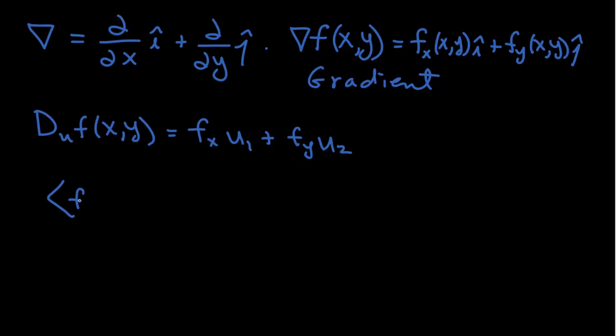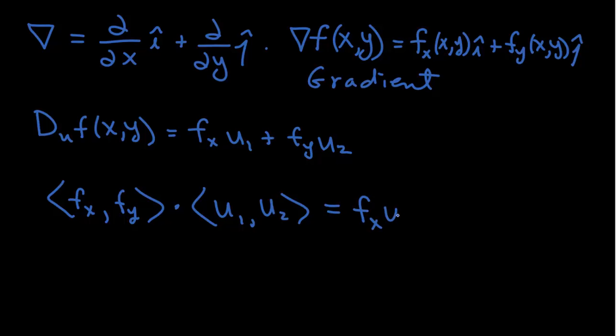Let's suppose I take the gradient, okay, so does everybody agree that's the gradient? And what if I dot product that with this vector right here, u1, u2? In other words, we're using this vector to talk about the direction of our directional derivative, right? So this is the unit vector. So what if I take the gradient and dot product it with that vector? Well, then look what we get.